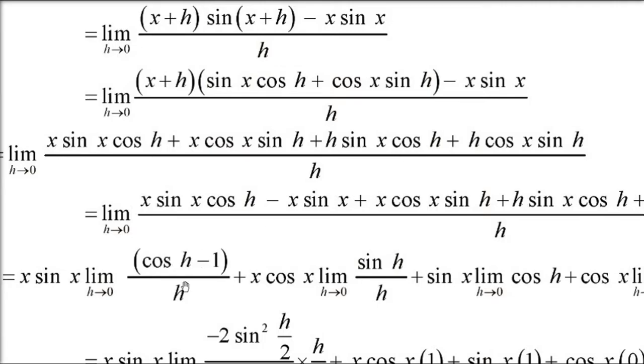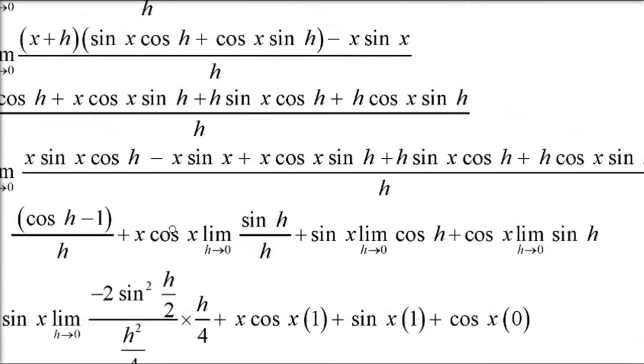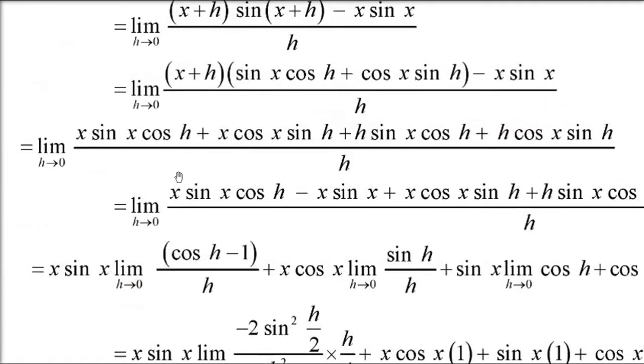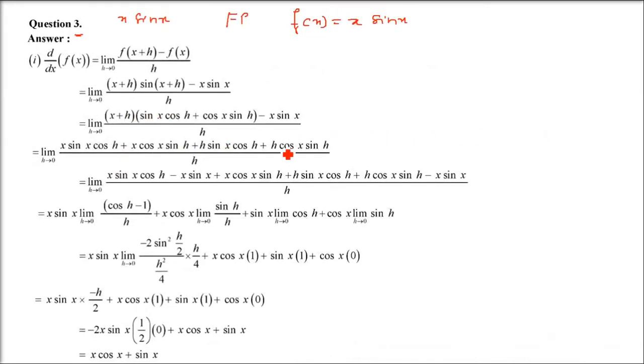So how do we get something which we have a formula to work upon? Here always remember this x sin x cos h is there, and there is one more thing which is minus x sin x. Now we take x sin x common, that has come after multiplication.